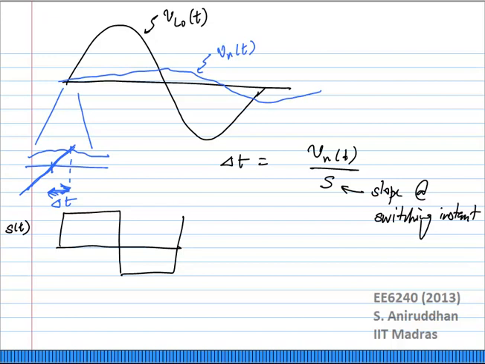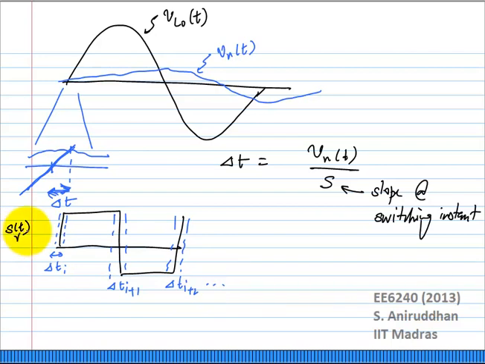However, what I know is that I have these regions over which it could switch depending on the actual value of Vn of t at the switching instant. So this is delta ti plus 1, and so on. Right? At each switching instant there will be a different delta t.